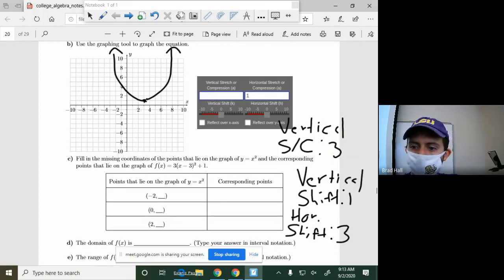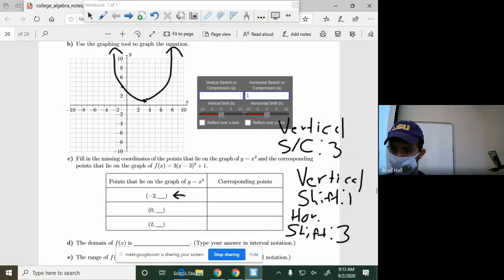Something like that. Okay. And then it says find the missing coordinates of the points that lie here. So this part's kind of tripped up students a little bit. I mean, if anything, the numbers that go into these values over here, it just wants you to plug in the X value and figure out what Y is.